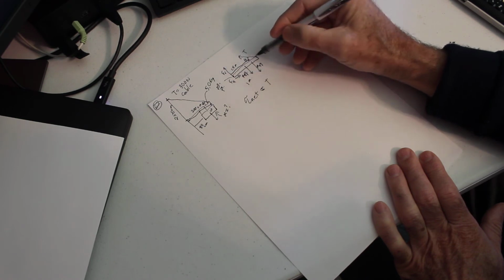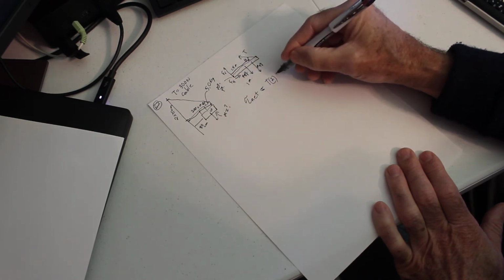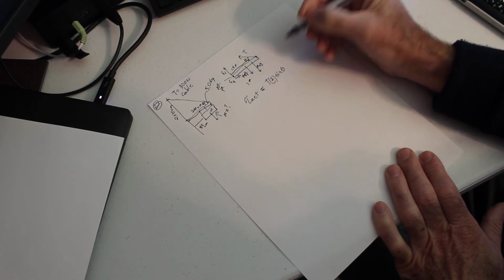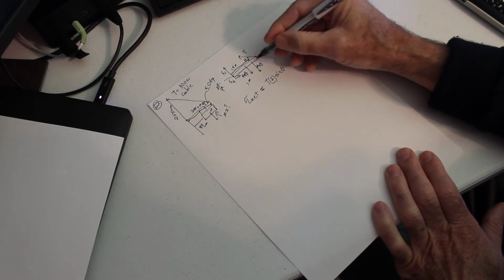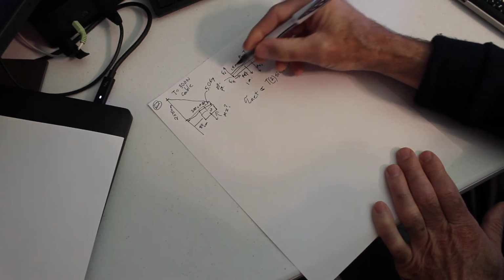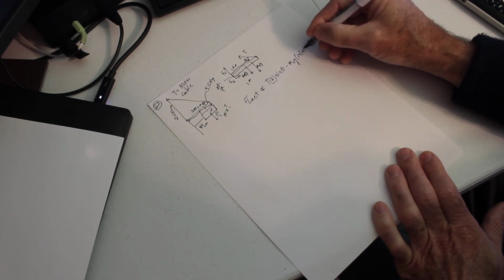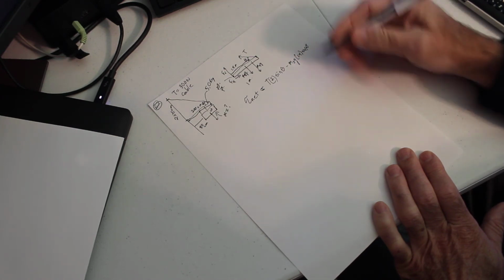T times the distance, which in this case is 2, times the sine of the angle in between, which is theta. Then minus the mass of the sign times gravity times its distance, which we already figured out is 1.4, times the sine of the angle, which in this case is 90 degrees.